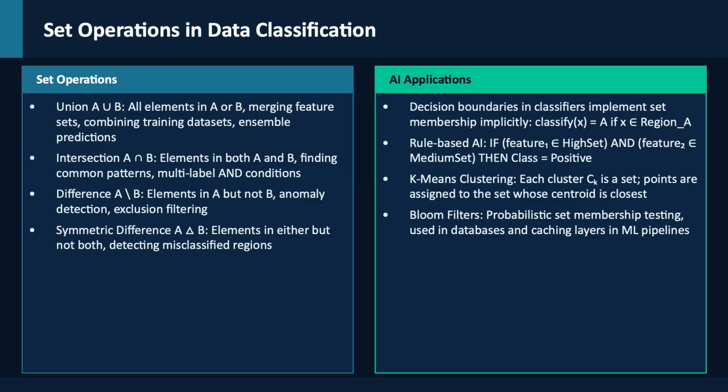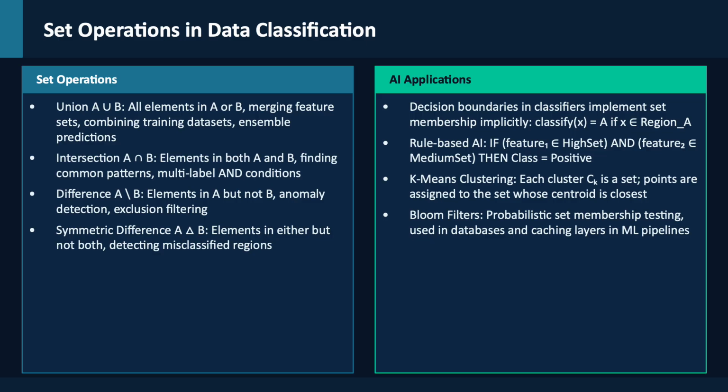Difference, A \ B: elements in A but not B, used in anomaly detection and exclusion filtering. Symmetric difference, A Δ B: elements in either but not both, used in detecting misclassified regions.